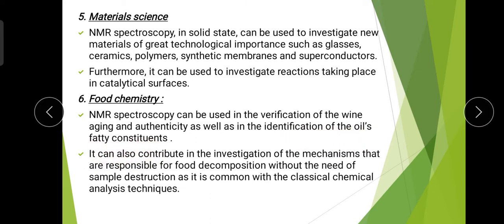We know that in the food industry, NMR spectroscopy is used for verification of wine aging as well as authentication, and it is also used in the oil industry to identify oils and fatty constituents. So this is the application in food chemistry.